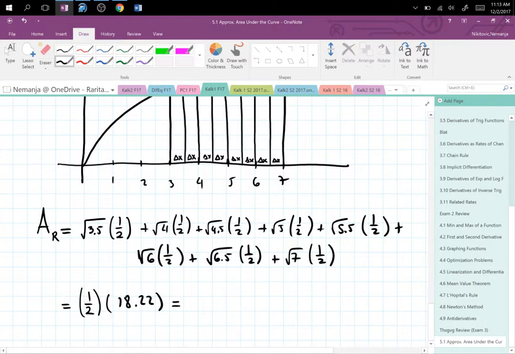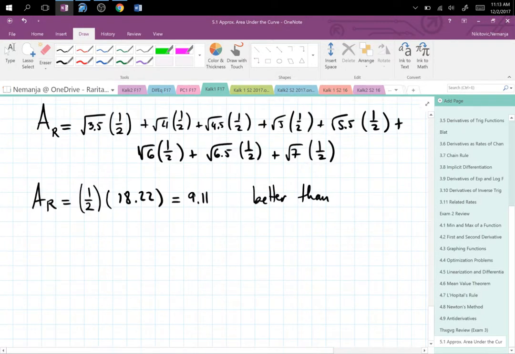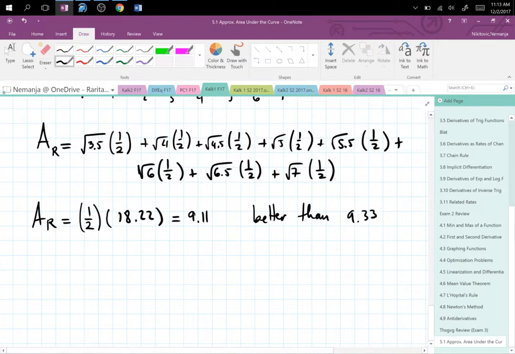And then I cut that in half, and I get 9.11. That's better. Better than 9.33 from before. So, more rectangles, better precision, but also more work.